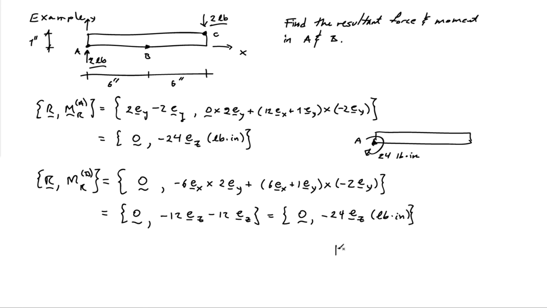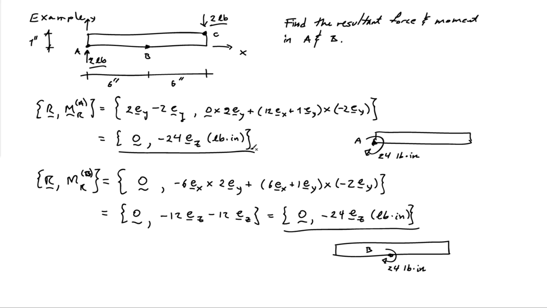So if I were to draw this pictorially, I have point B here, and the force system can be drawn as 24 pound inches there. So you'll notice something special about this problem here. I changed the reference point from A to B, and my resultant expressions didn't change. So this is a special case here.